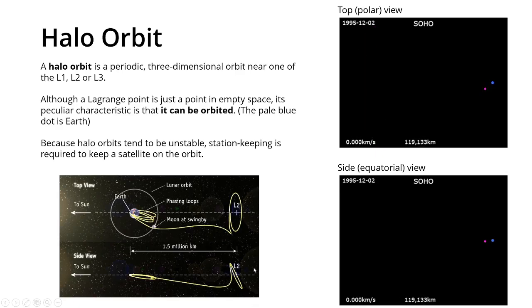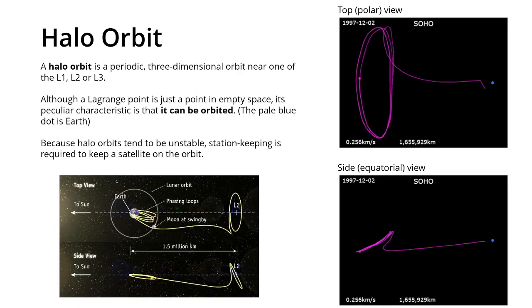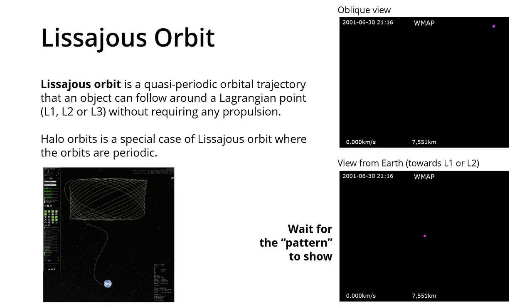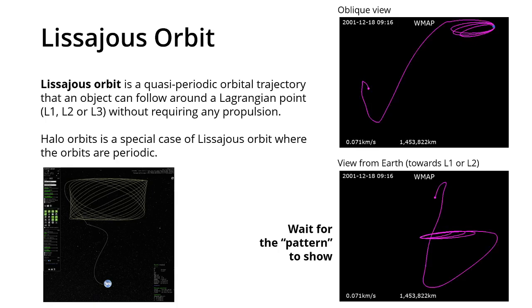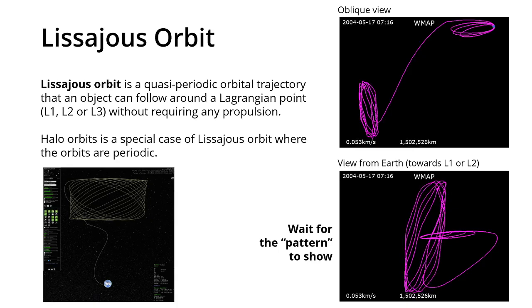Now, what else can we do with L2? We can also send a spacecraft so that it orbits L2 in what we call a Lissajous orbit. Lissajous. Again, I think this is a French name. I hope you forgive me if my pronunciation is not correct. Lissajous orbit. Okay, same thing.